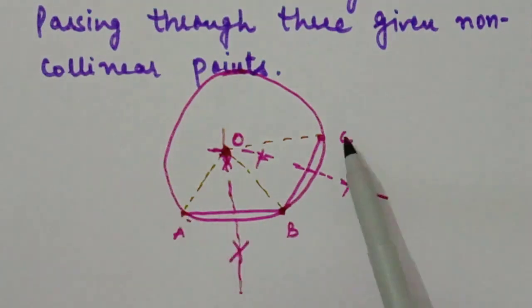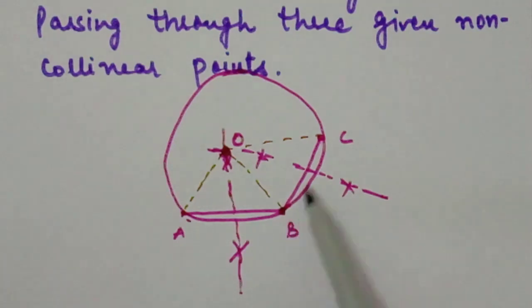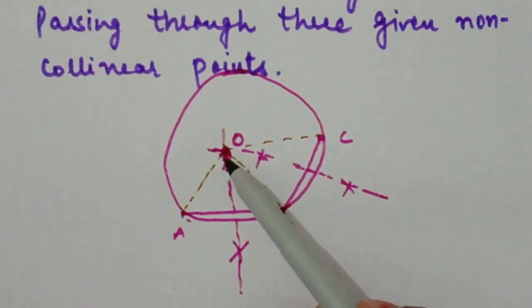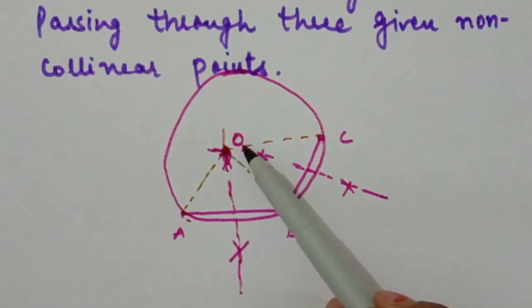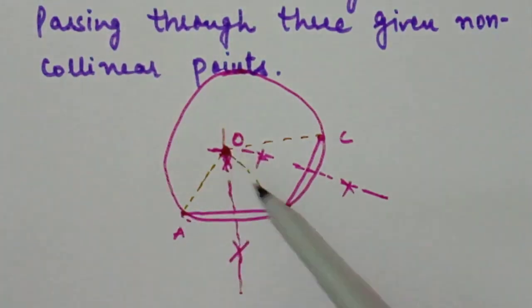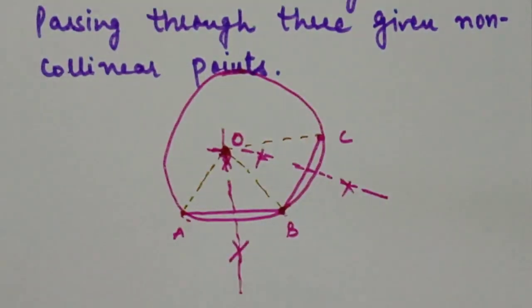First of all, we choose three points which are non-collinear, then join them. Now we have two line segments AB and BC. On both line segments we draw perpendicular bisectors, and these intersect each other at a point which we mark as the center of the circle, and with the help of this radius we draw a circle which passes through these three points.